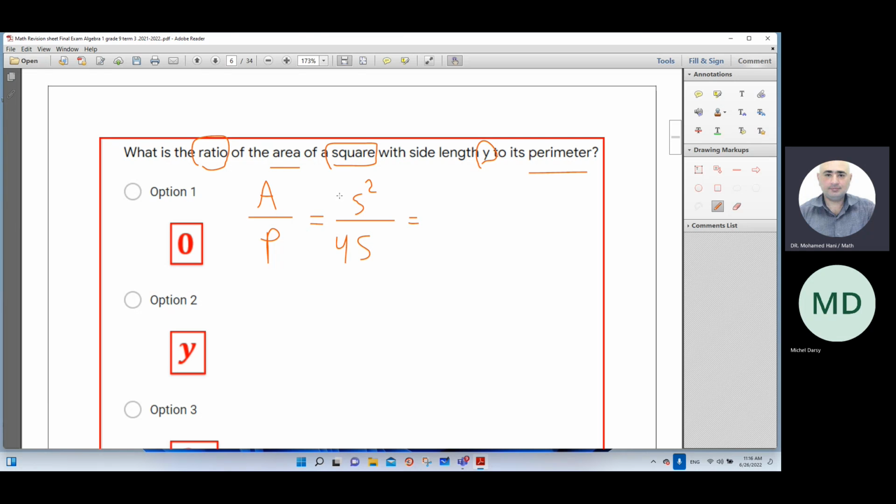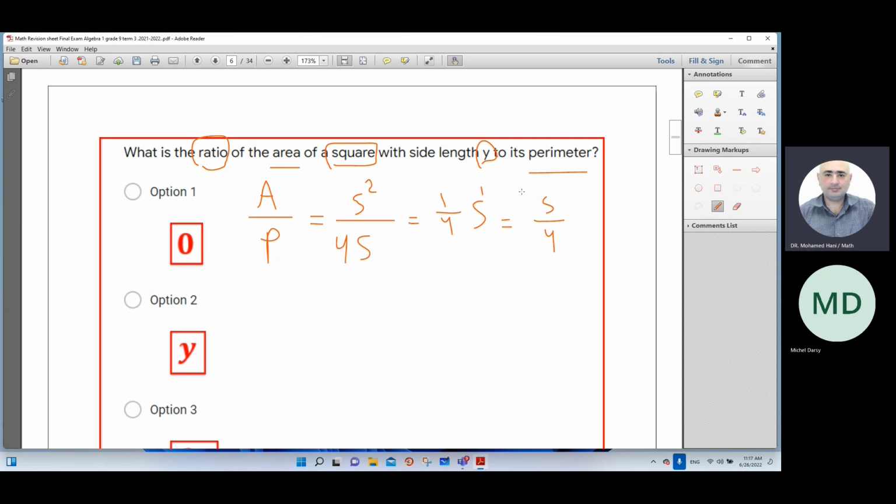So rewrite here we have 1 over 4 times s, 2 minus 1 will be 1. Or we can write s over 4.